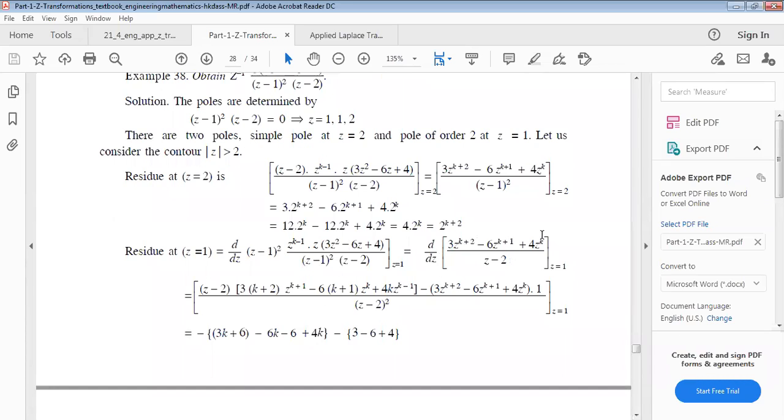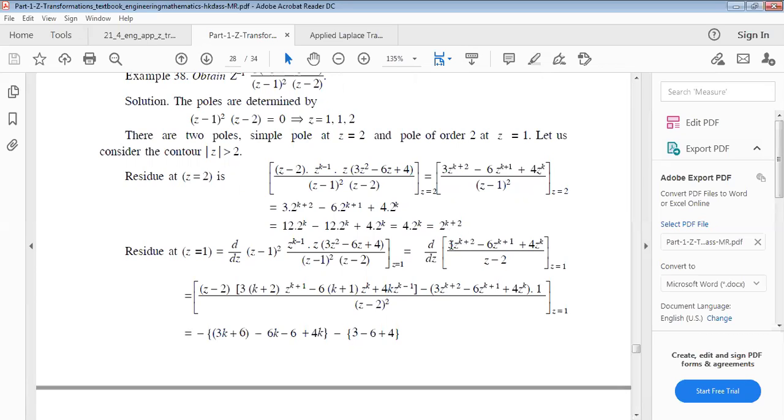Now by the u by v method, differentiation of u, numerator will be u and denominator will be v. So u by v method, can you remember? Of course, in the denominator v square, v into differentiation of u minus u into differentiation of v with respect to z. Remember it. We have to differentiate with respect to z.